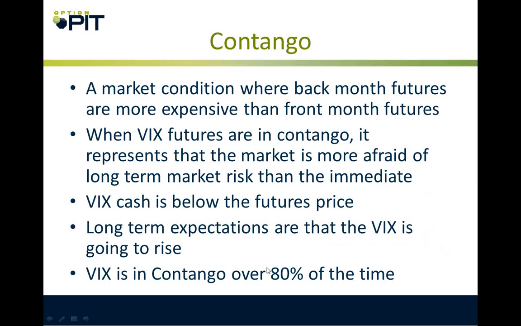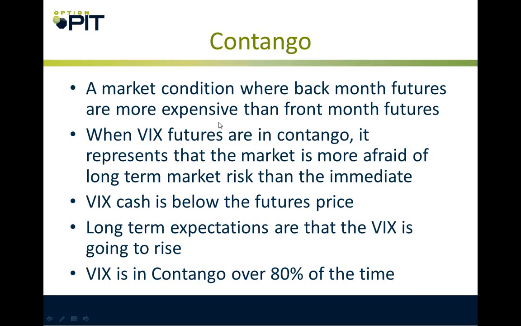Well, it's going to be trading above 12. That's the answer. So, for instance, right now the VIX is around 13.87, I believe it settled, and the December future is trading at 15.2. All right? And that is contango.